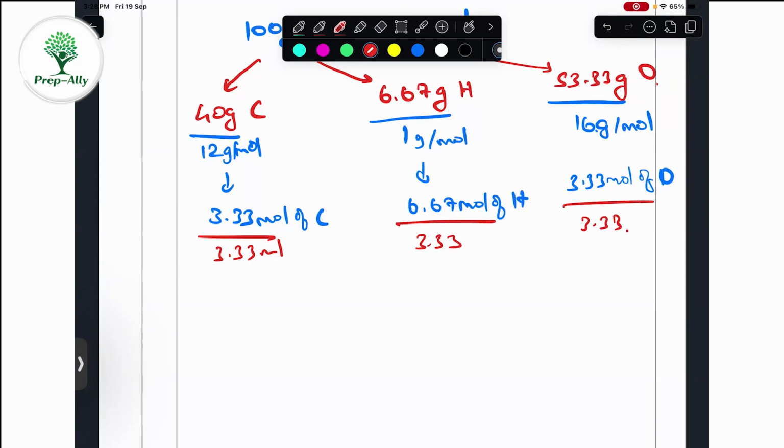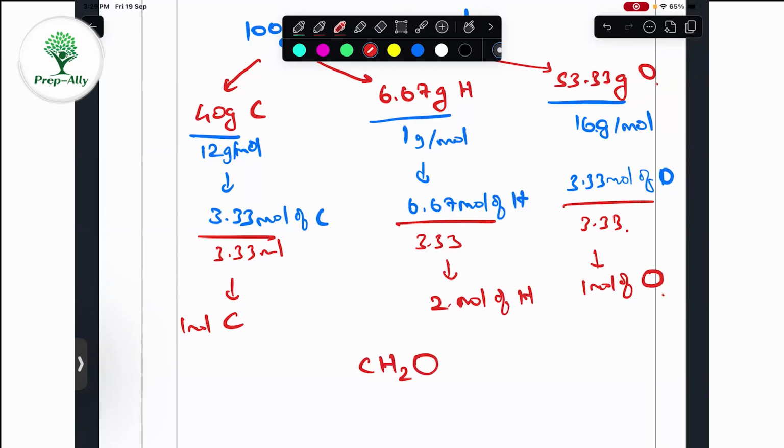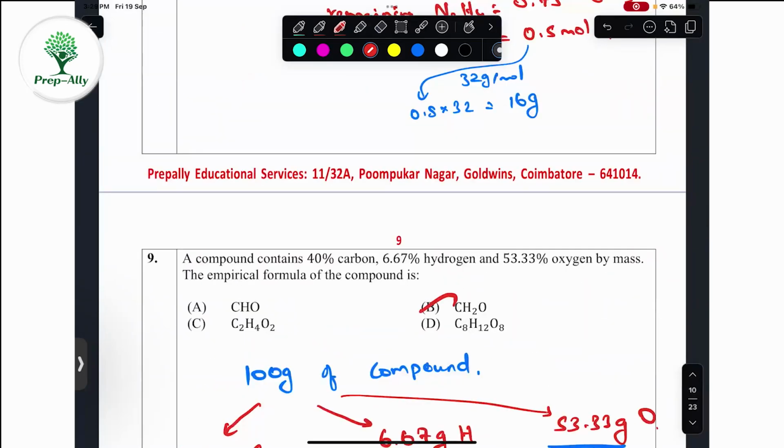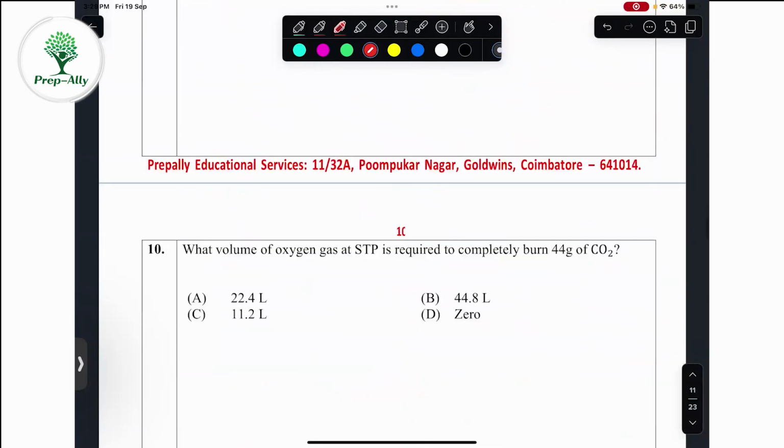If you divide it, what you will get here? 1 mole of carbon, 2 mole of hydrogen, here 1 mole of oxygen. So the formula is going to be CH2O. So answer is going to be B.